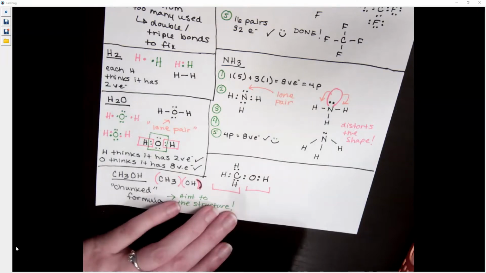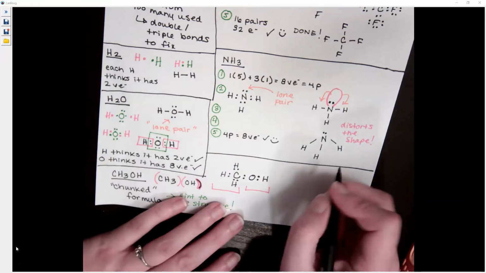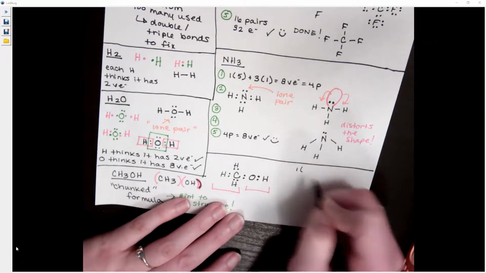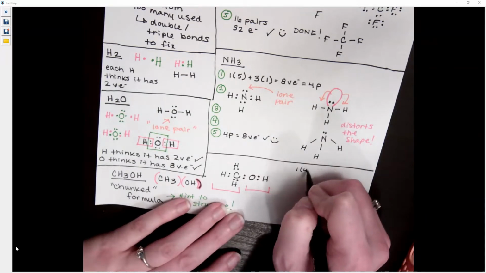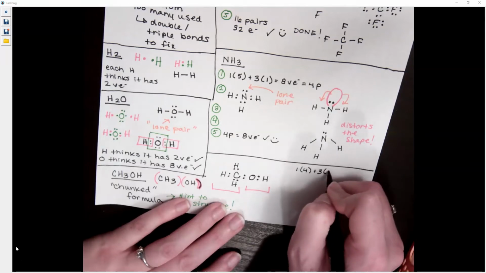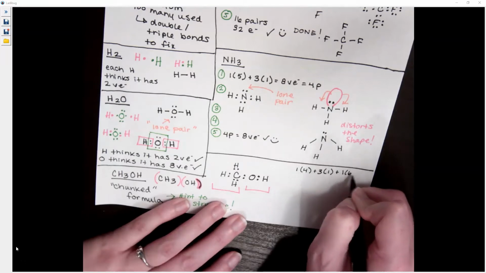Going back to our steps, step one was to count. So I have one carbon. It comes with 4 valence electrons. I have 3 hydrogens that each come with 1. I have 1 oxygen that comes with 6.